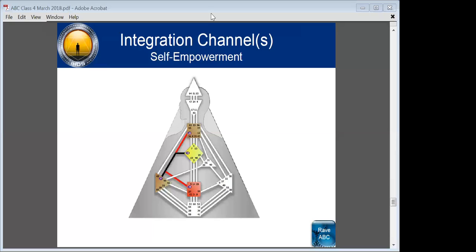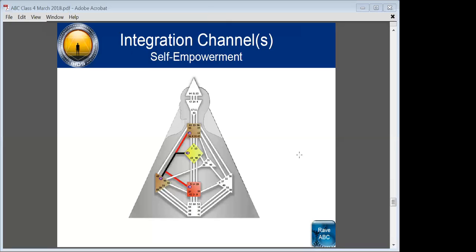Now, 2 of them don't belong to integration. Which 2 channels don't actually, well, I'll give you a little bit more hint when we get to the channels. I'll hold back for a second. So yes, integration does offer, with 4 centers and 4 gates, the possibility of 6 defined channels. 2 of them belong to different circuits.